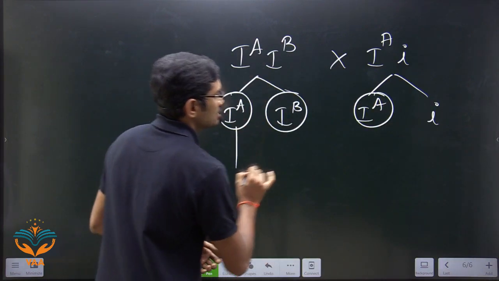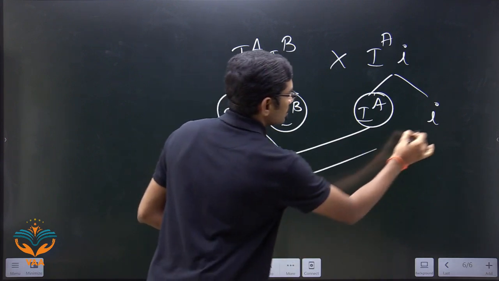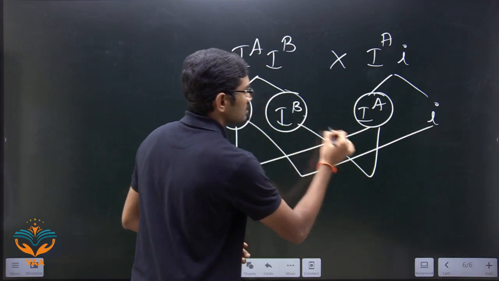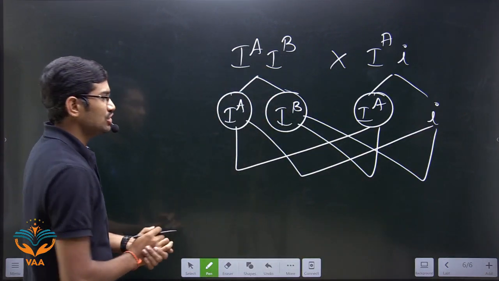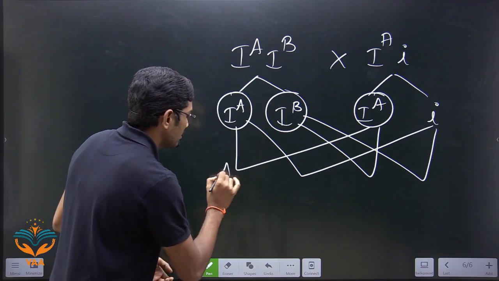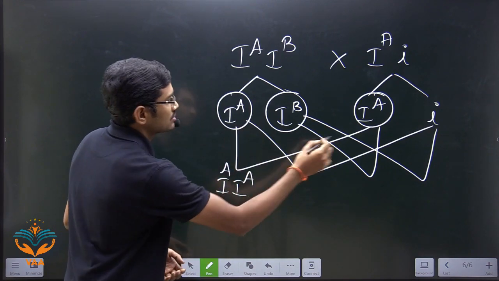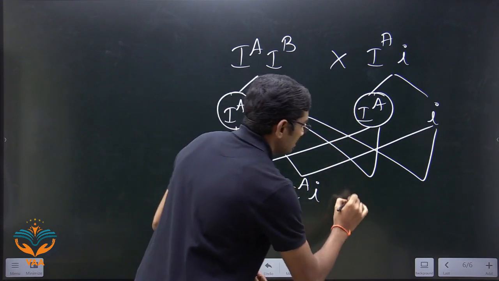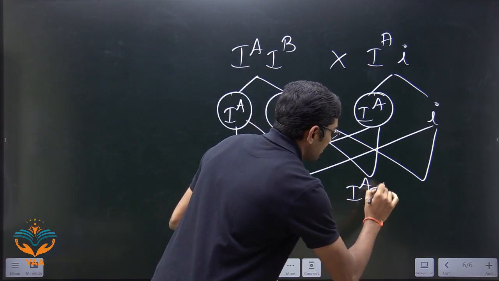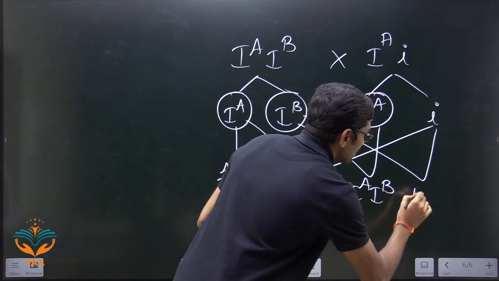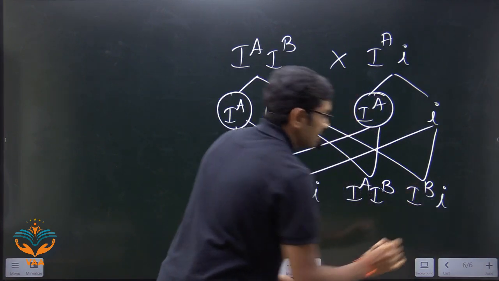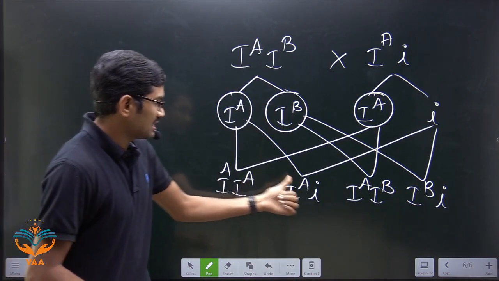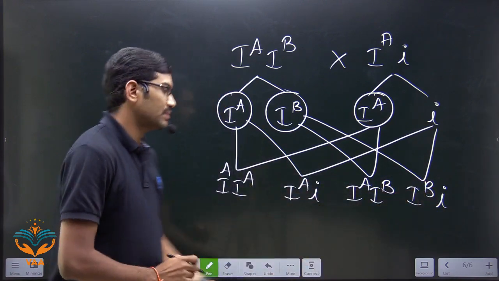When we are doing these crosses, simply do the cross like this, and now we will write the genotypes here: IA IA, IA i, IA IB, and IB i. In this way, if we clearly see, 4 different genotypes were obtained.